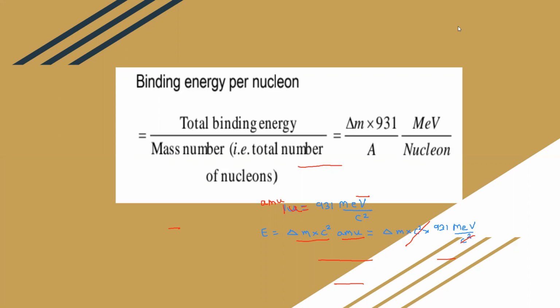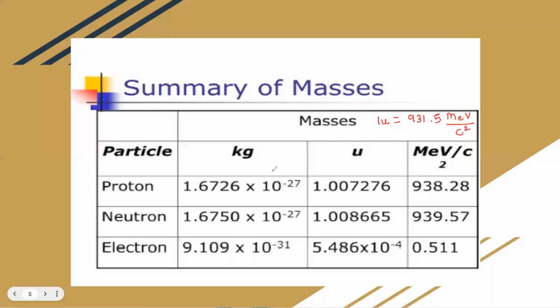Now let's solve numericals. While solving numericals, you are going to need these constants: mass of proton, mass of neutron, and mass of electron. These constants will be given to you directly. These are masses in terms of kg, and here in terms of atomic mass unit. If it is given in atomic mass unit, you can convert it into mega electron volt per c square by multiplying it with 931.5.